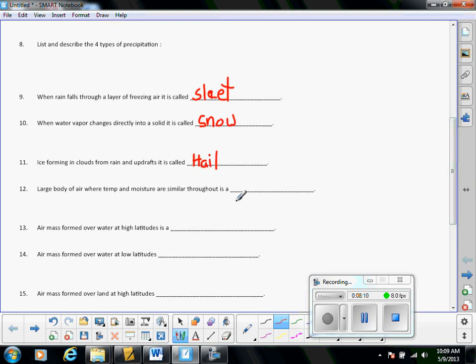Okay, 12. A large body of air where temperature and moisture are similar throughout is called an air mass. You've heard the weather people talk about a warm air mass or a cold air mass. So a large body of air that's got the same temperature and moisture throughout it is called an air mass.